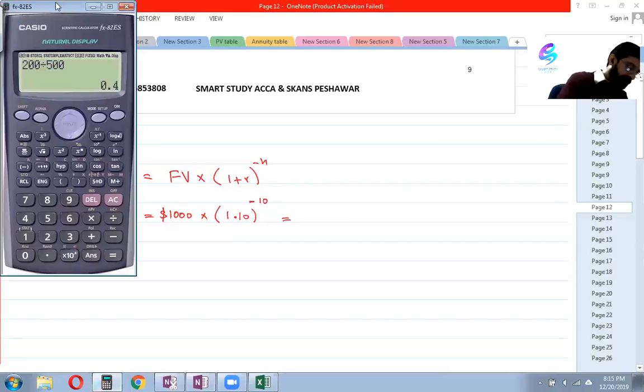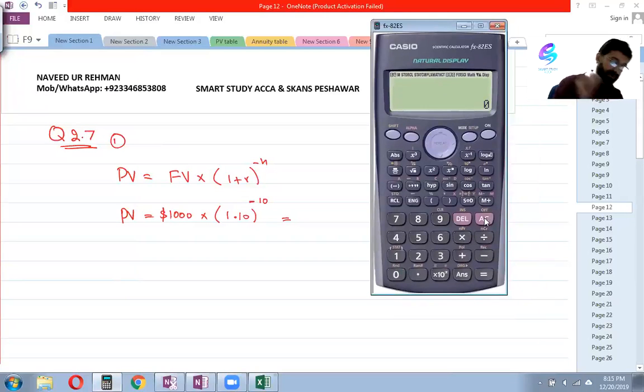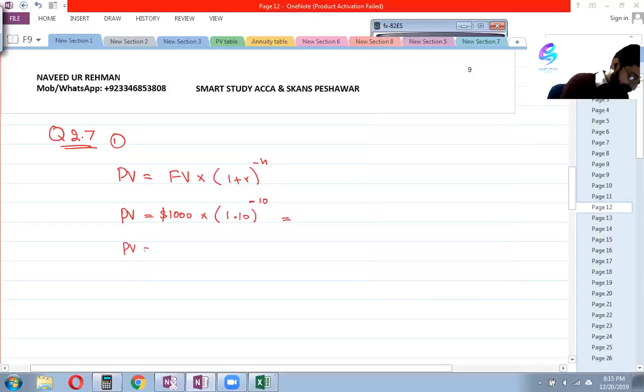Now, even if you're comfortable with the calculation, I would like you to do it very, very slowly along with me on the calculator. We will do it in 2 steps and you also do it in 2 steps, for some reasons. So present value is equal to $1,000 times, and what do you get from this?